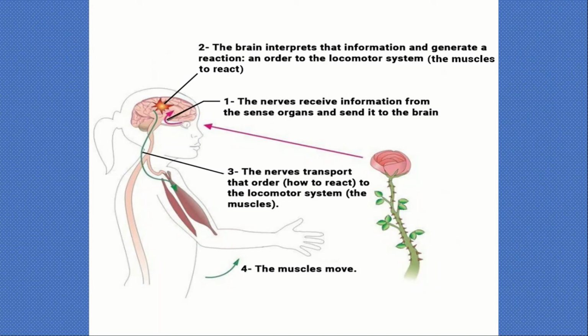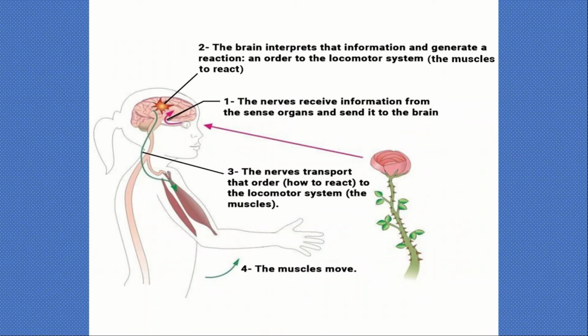By this picture, we can depict how the nervous tissue is working. First, the nerves receive information from the sense organs and send it to the brain. This is the first action whenever we want to do something. Second, the brain interprets that information and generates a reaction and orders the locomotor system, the muscles, to react.